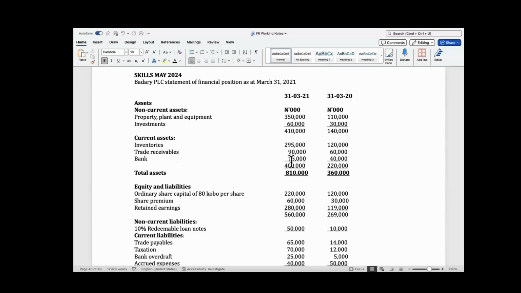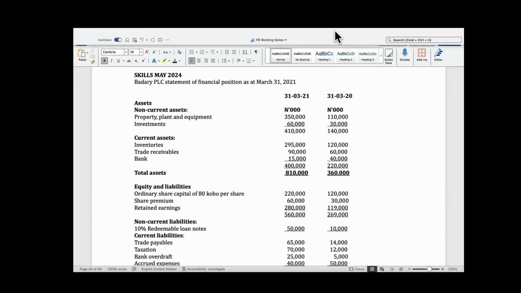Badagry PLC statement of financial position as at March 31st, 2021. We have 2 years here, 31st March 2021 and 31st March 2020. All figures raised in thousands assumed to be correct.